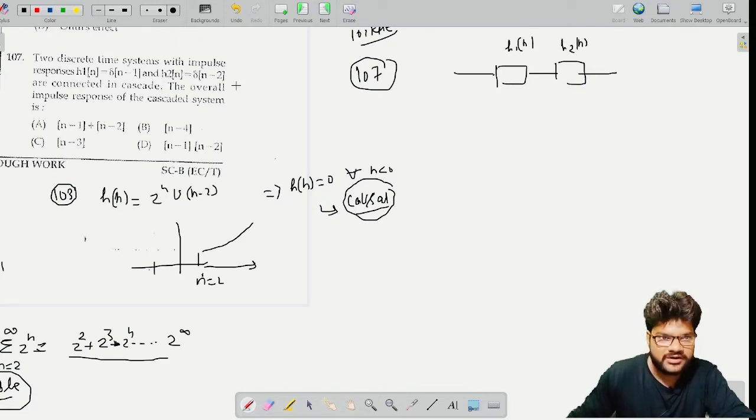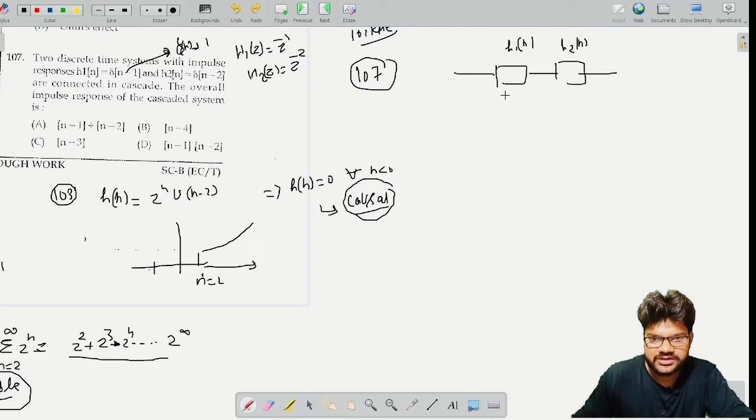If we find the Z transform, we know the Z transform of delta n is 1, so delta of n minus 1 gives H1(z) equal to z inverse. Similarly H2(z) is z to the power minus 2. We know that if two systems are connected in cascade, their overall impulse response will be the convolution of the individual ones. So this is h1[n] convolved with h2[n].